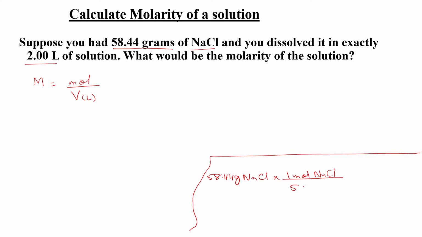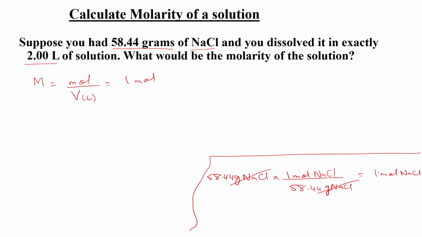The molar mass, if you determine it with the help of a periodic table, you add the masses of sodium and chlorine. So you will get 58.44 grams as the molar mass of sodium chloride. When you cancel these and simplify, you will get 1 mole of NaCl. So we have moles as 1 mole.